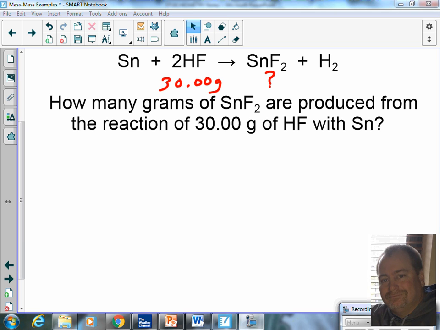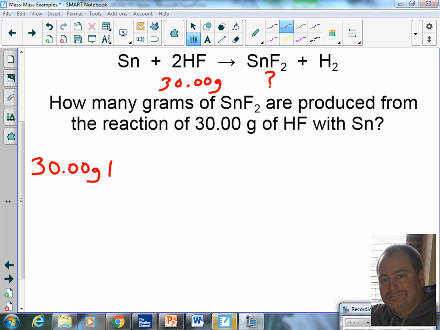So, step number 5 tells me to convert the mass of a known substance to moles, correct? What's my known substance? 30.00 grams of HF.